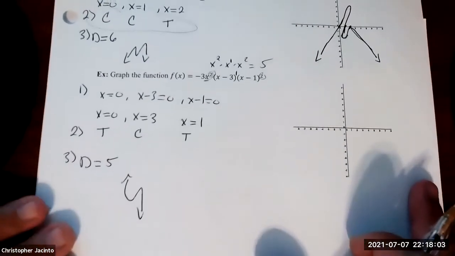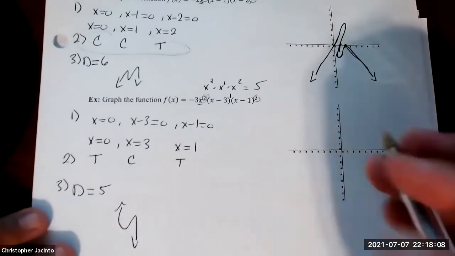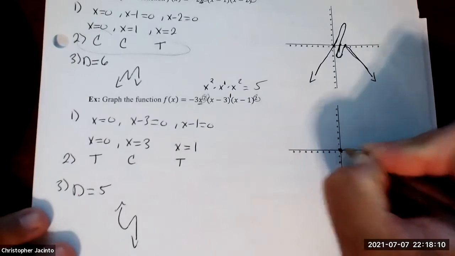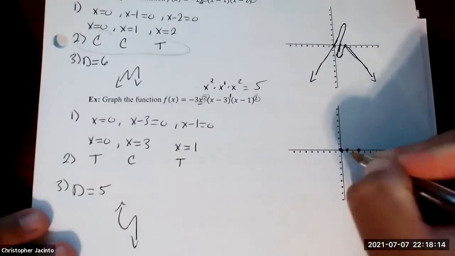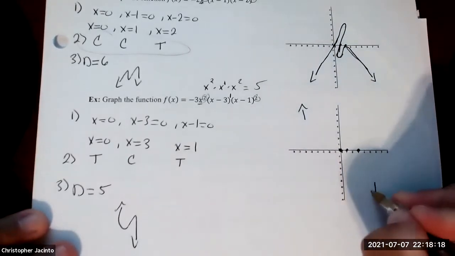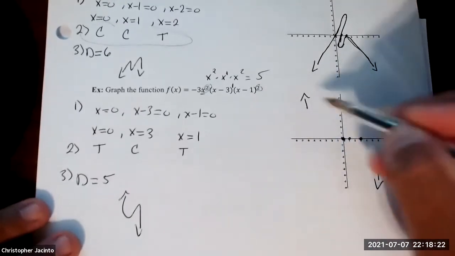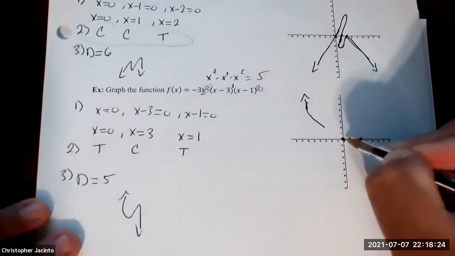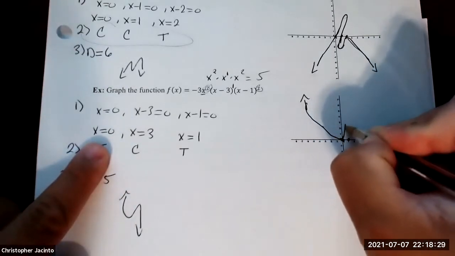Okay, cool. And now we just select the last two, incorporate it here. So we're going to have 0, 1, and 3. So I know my end behaviors should look like that. And now to fix all this stuff in here, at 0, it touches, so it touches it and just bounces back around.